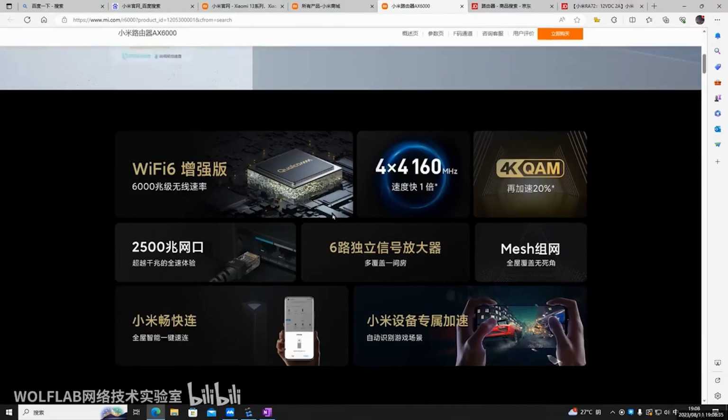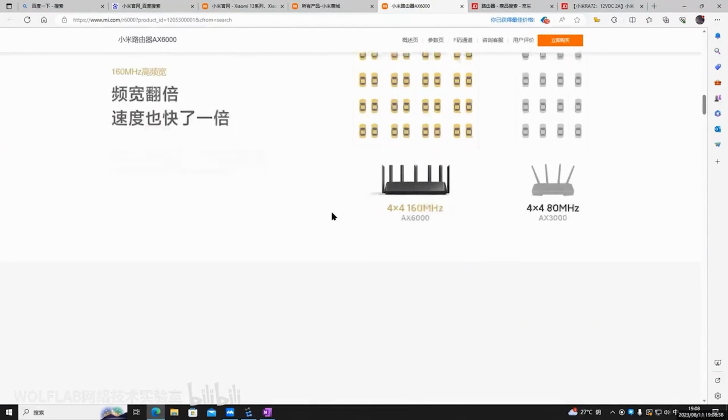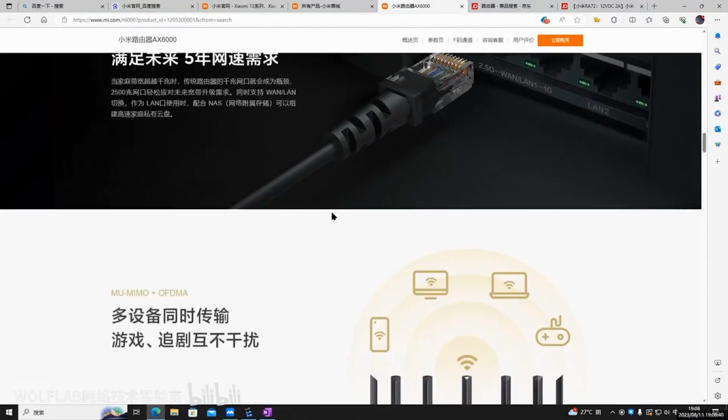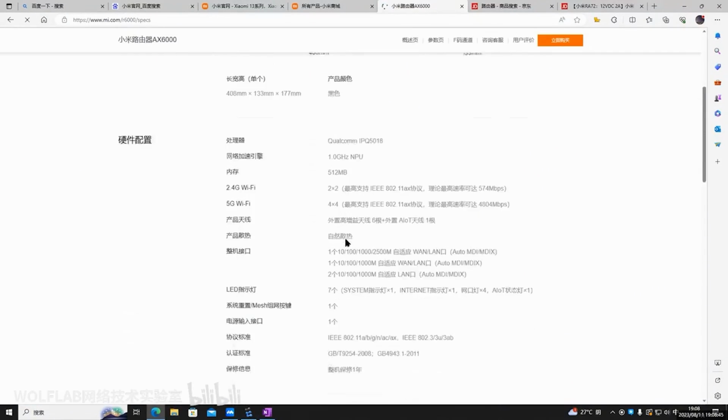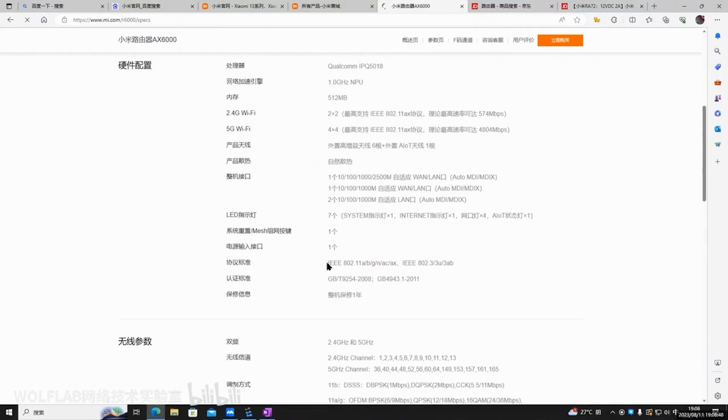This protocol standard states that this router supports 802.11 a/b/g/n/ac, and ax. What do these mean? Look, the standard protocol for Wi-Fi 6 is 802.11ax. In other words, if you check a home router for its protocol standard and it supports 802.11ax, it means this router supports Wi-Fi 6.